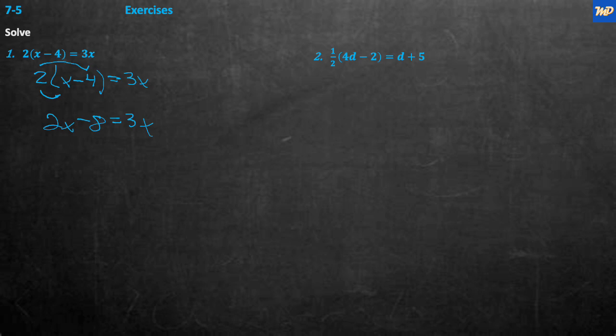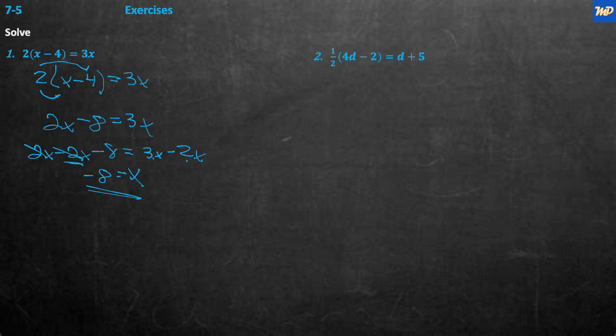So let's move the 2x to the right side of the problem. So to do that, we're going to say 2x minus 2x minus 8 equals 3x minus 2x. Okay, so to simplify this, these 2 cancel. We have minus 8 equals 3x minus 2x, which is x. So x equals minus 8.